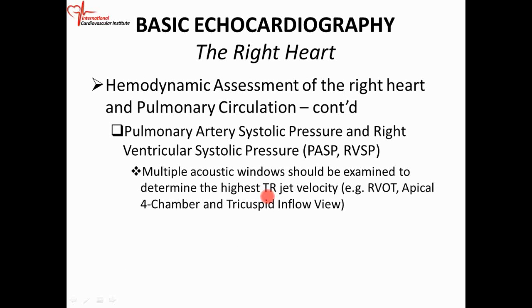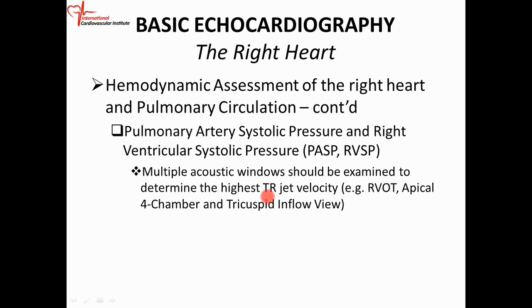So again, when you're doing any Doppler, use multiple windows, because you want to get the ultrasound beam as parallel to flow as possible. You want to get that angle theta close to 0. Cosine of 0 is 1. Okay, so you use apical 4-chamber, whatever.